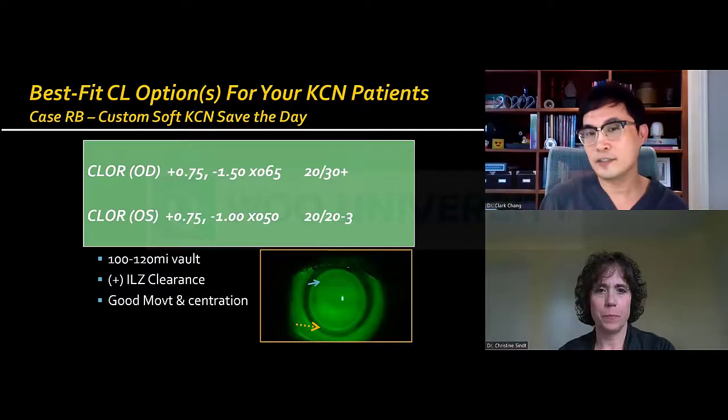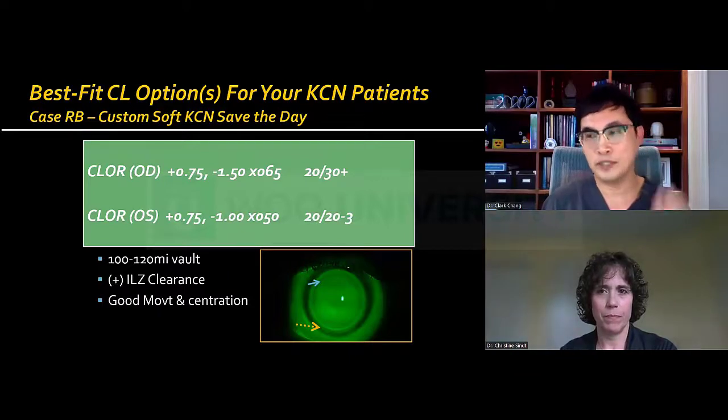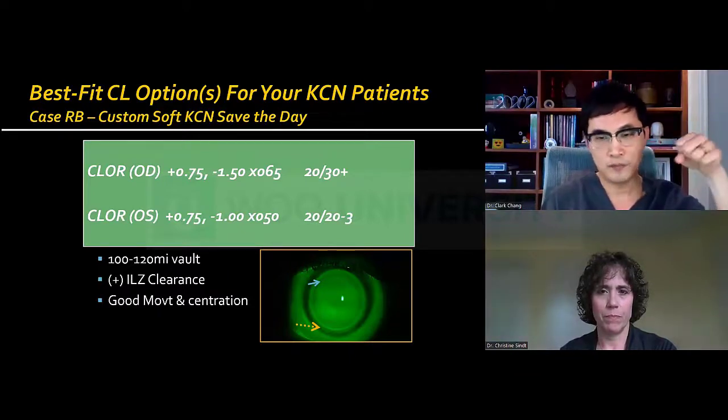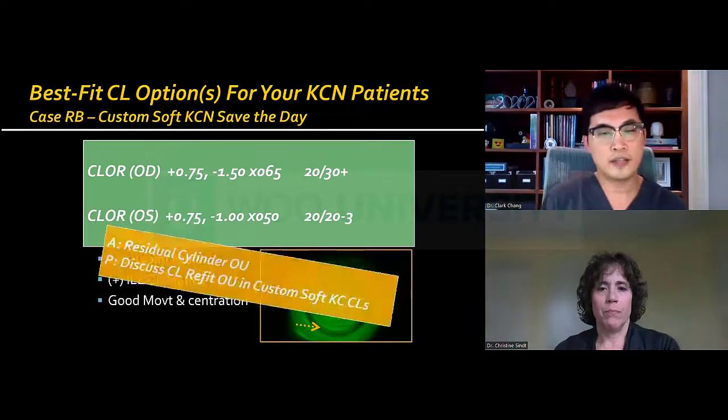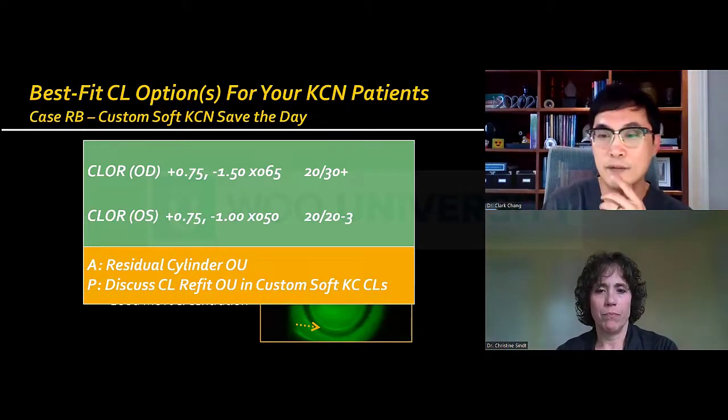So I did a spherical cylindrical refraction and got him to 20/20 in the left eye if I just put that little bit of plus 0.75 minus 1 cylinder in front of him, with trial lens and viewing in both eyes, he really enjoyed the vision. And so I thought, okay, that means you have two choices.